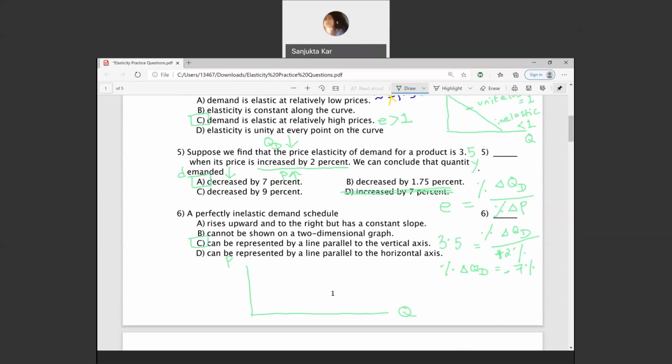This is the vertical axis here, and this is the demand curve basically. The question should be better worded as a perfectly inelastic demand curve. So this is going to be a vertical straight line. And this happens for perfect inelasticity only.